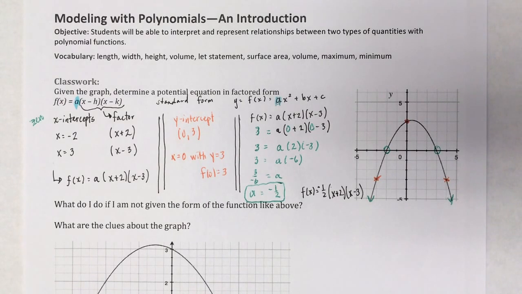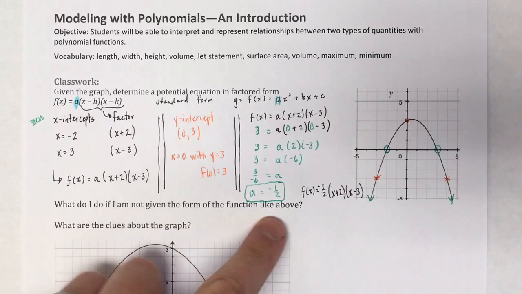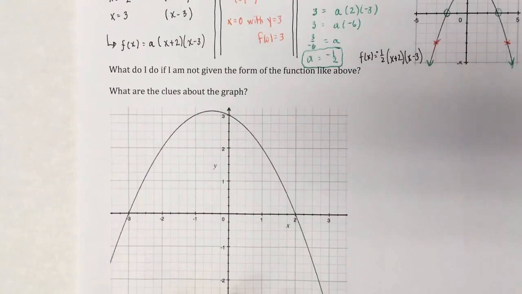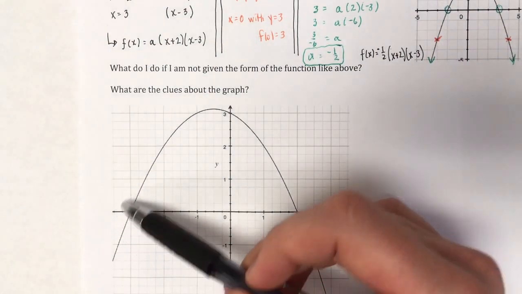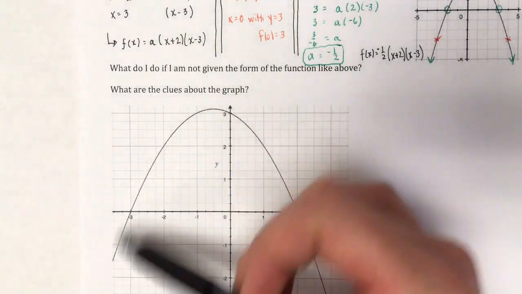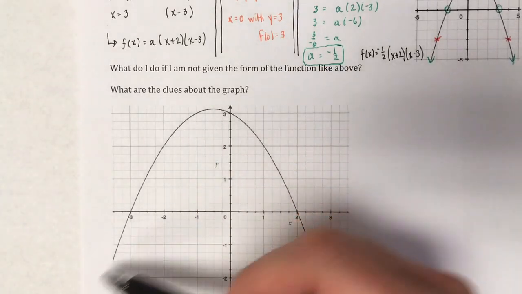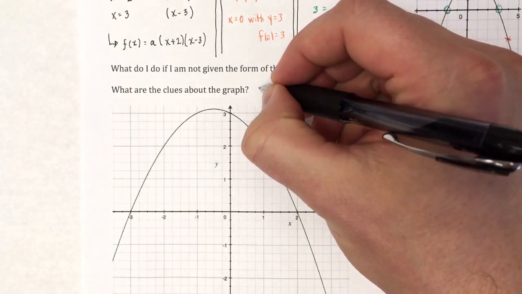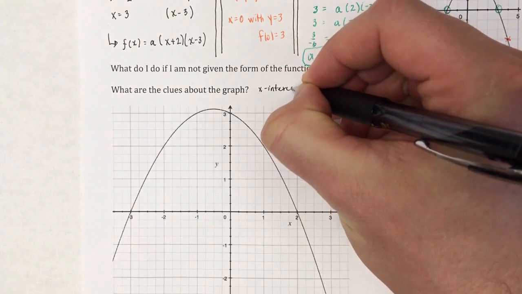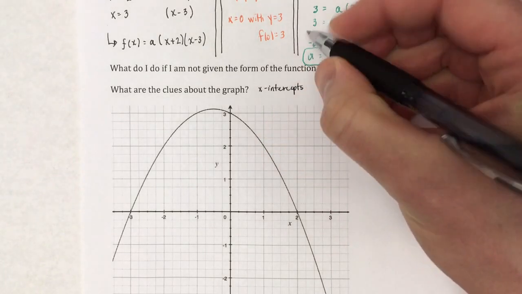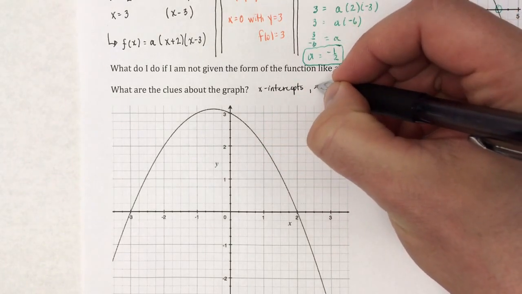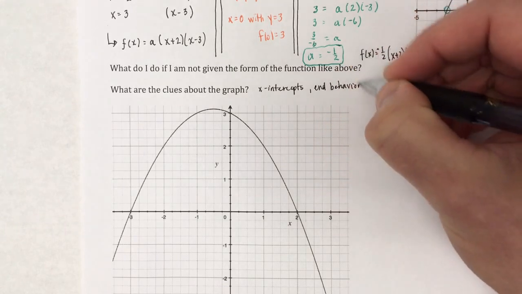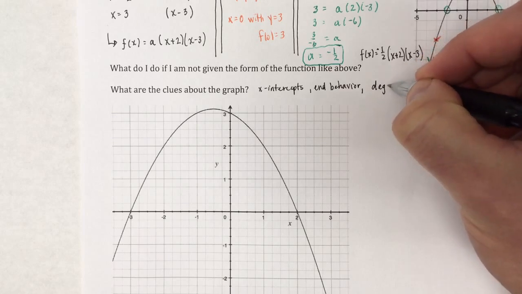So then we can look at the question, what if I'm not given the form of the function like above? What are the clues of the graph? So we can go back through these clues. Again, you look at the symmetry of the graph, the fact that its end behavior points down leads me to understand that it's an even function. So things you can look at are x-intercepts, the end behavior, which indicates things about the degree.